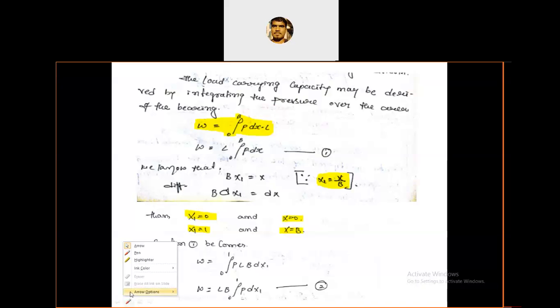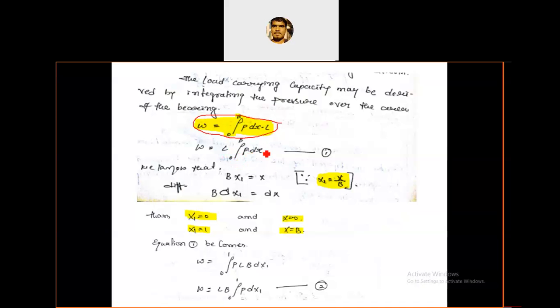Here L is a constant, that is why I take it outside.